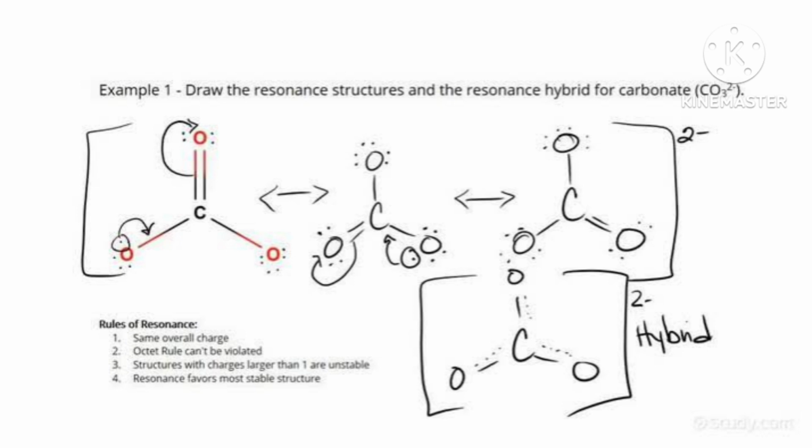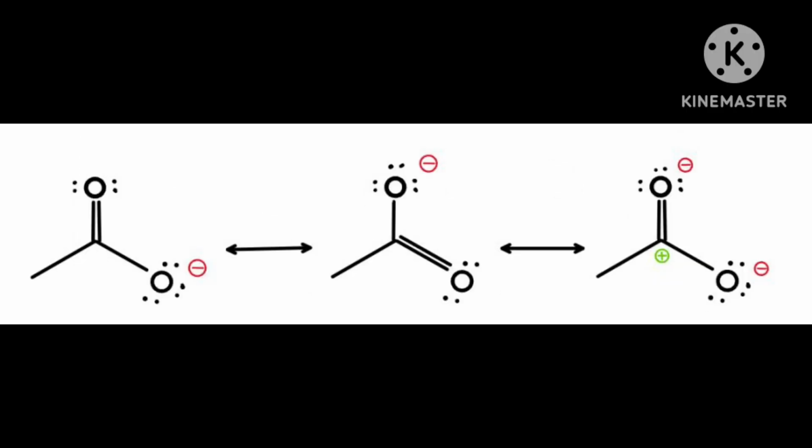Now listen again, and I will explain also. Among the resonance structures, the structure which has a more number of covalent bonds, all the atoms with an octet of electrons, less separation of opposite charges. There will be less separation of opposite charges.